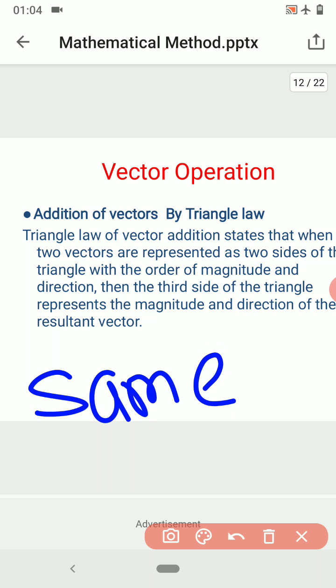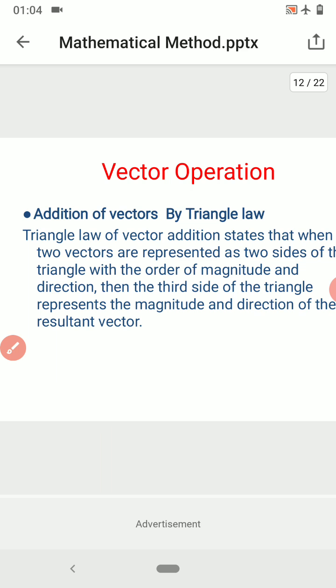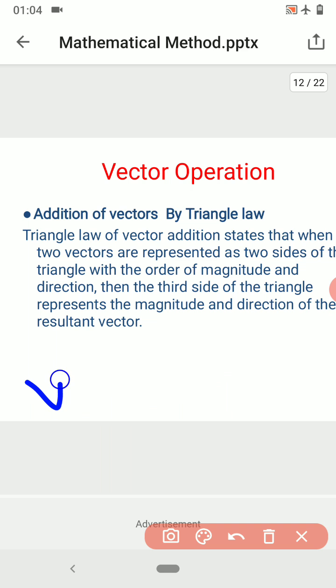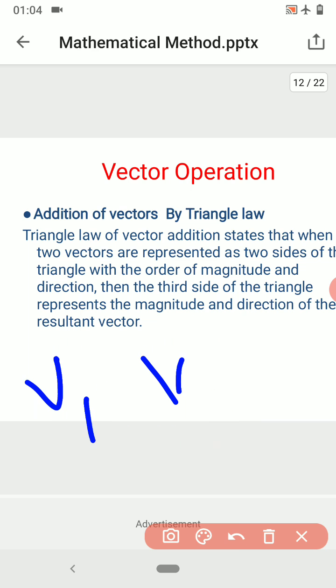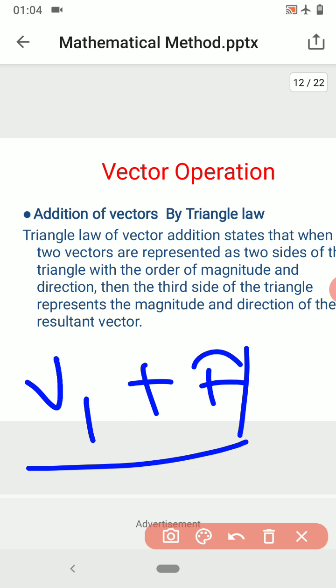That means if you have to add two quantities, say velocity v1 and v2, both quantities are of the same type, both vectors are of the same type. But you cannot add, say, one being velocity and the other being force. Both vectors are different, then you cannot add these two things.